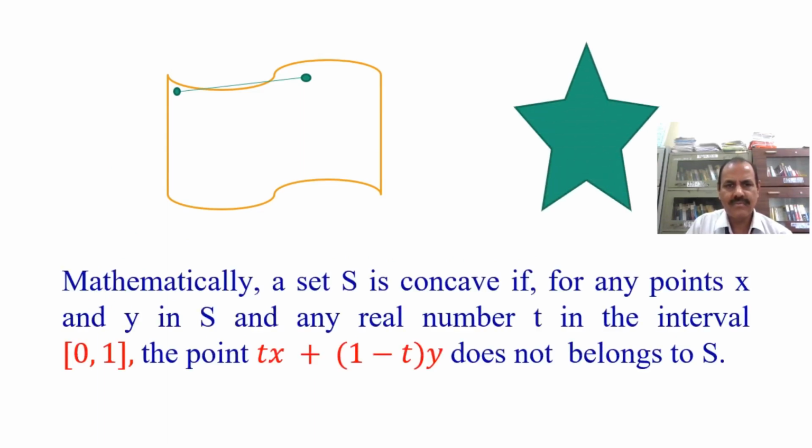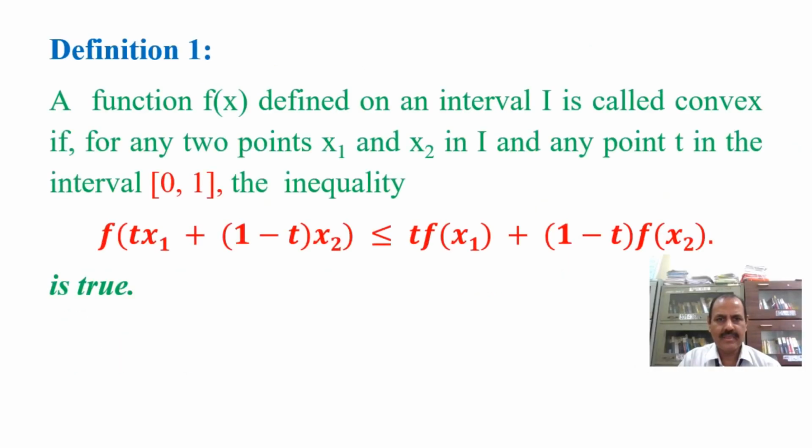This is also concave. Mathematically, we can define the concave set as: if for any 2 points x and y in S and any real number t in the interval [0, 1], the point tx plus (1 minus t) times y does not belong to the set, then it is concave.